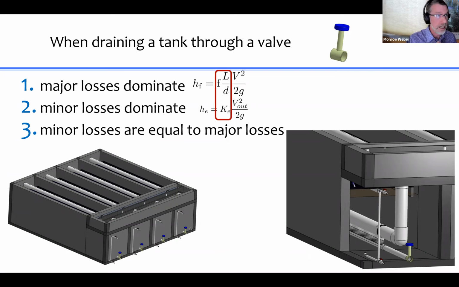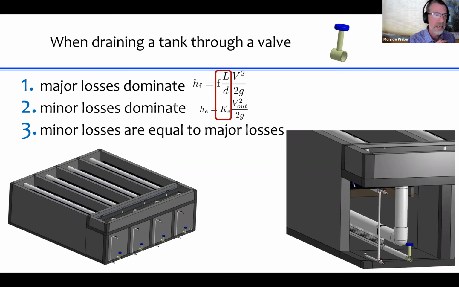An interesting idea is that F is on the order of 0.02, so 1/50th. That means that if L is more than 50 times greater than D, then major losses have a chance of dominating.